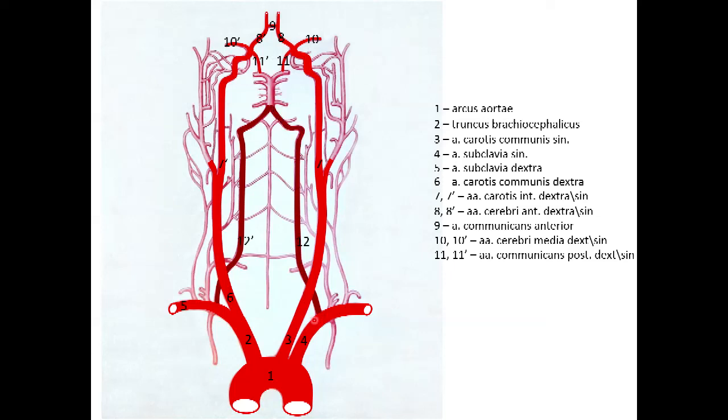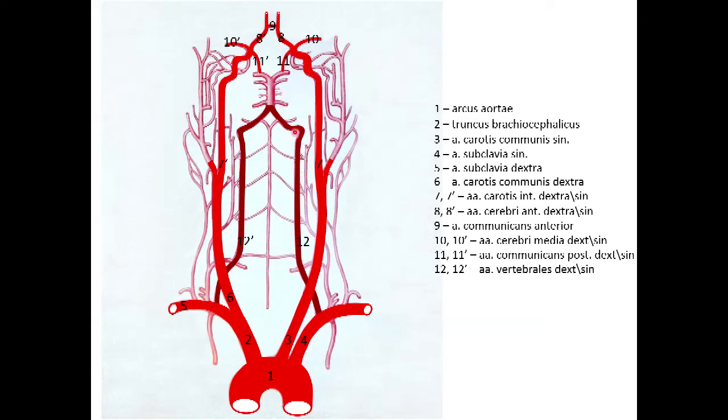And now I use another color, dark red, which demonstrates vessel number 12. Why do we use another color?